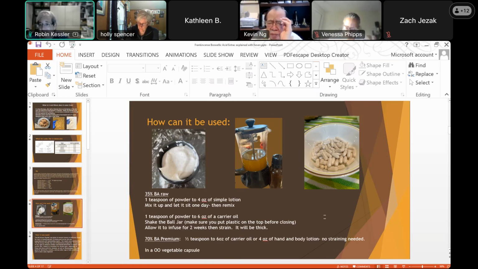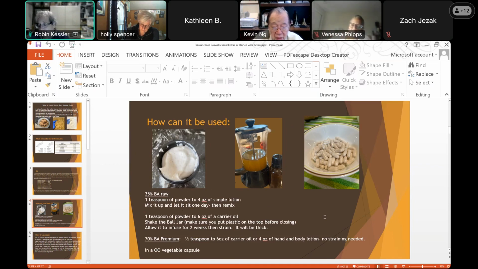In the 70% Qatari, it is 1/2 teaspoon to 6 ounces of carrier oil and 4 ounces of hand lotion. And as I said before, there is no straining. It just completely mixes up in whatever carrier oil you use.